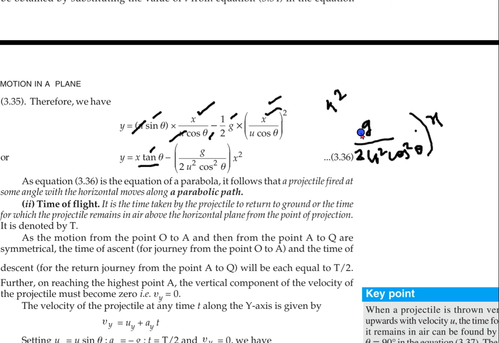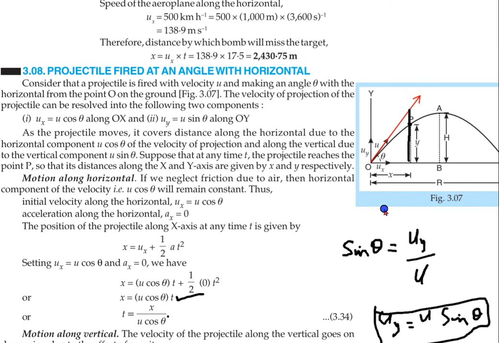So if I put it inside the bracket, I get these terms. This is squared, so like in the first case, the path followed by the particle will also be parabolic.